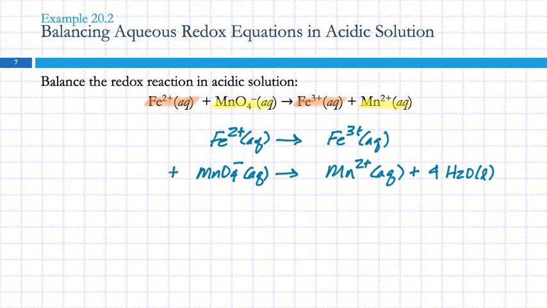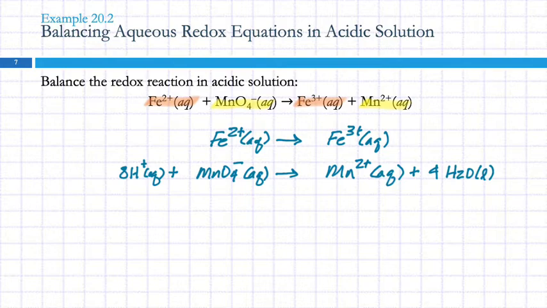So I need 8 hydrogen ions to give me my 8 hydrogens. Any questions? You know, this is a step you just have to remember. I'm going to balance oxygen with water. I'm going to balance hydrogen with hydrogen ion. What's the next step?